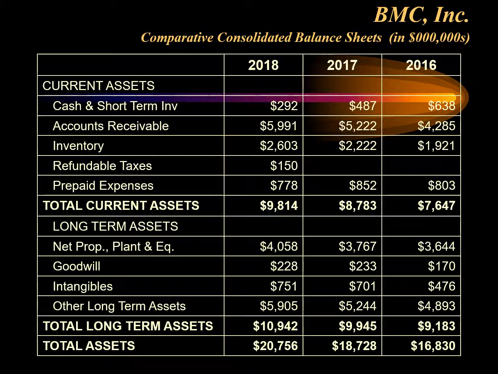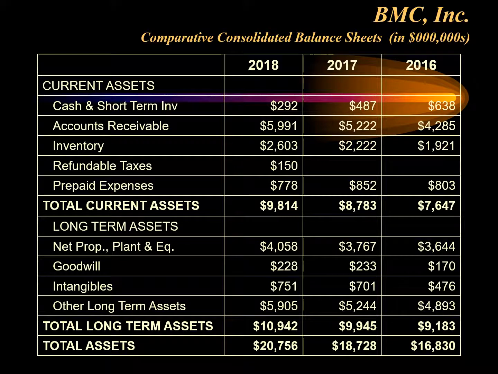I do want to comment too, you'll see up top, this is BMC Incorporated, and this is their comparative consolidated balance sheets. Okay, by consolidated, that means it not only includes all of BMC's account balances, but also any other interest that they hold a majority of.